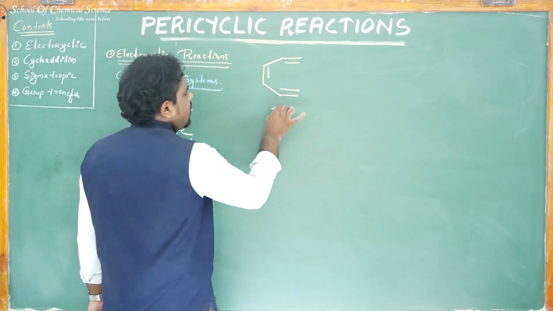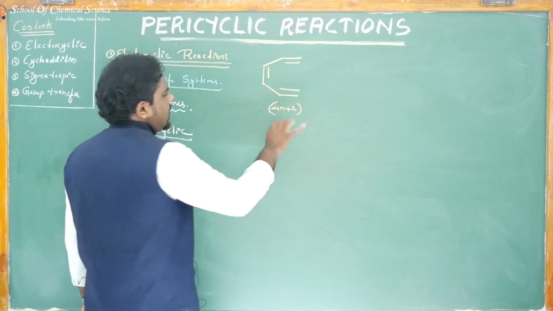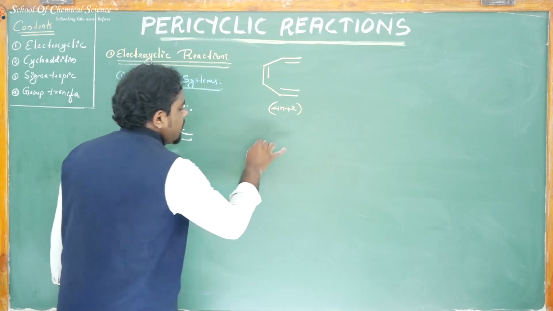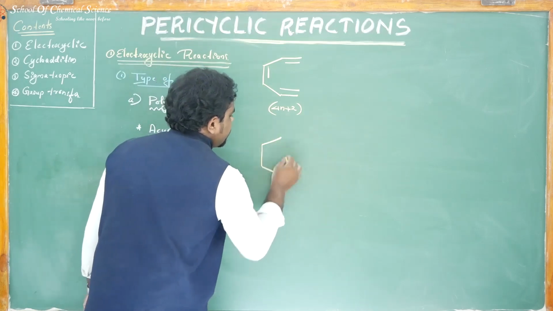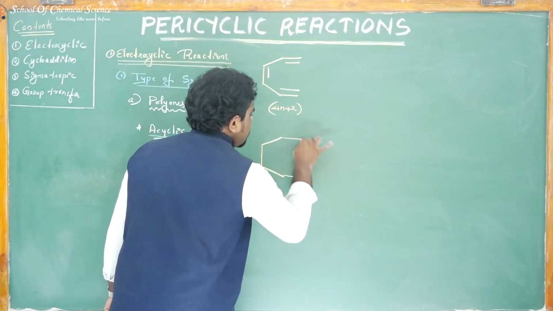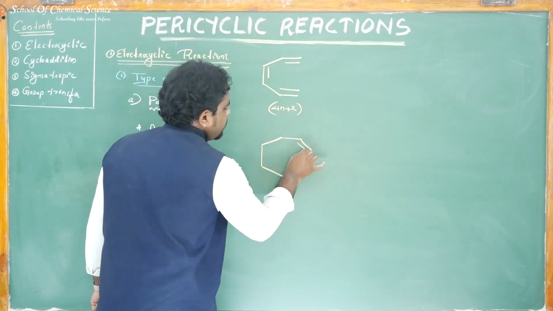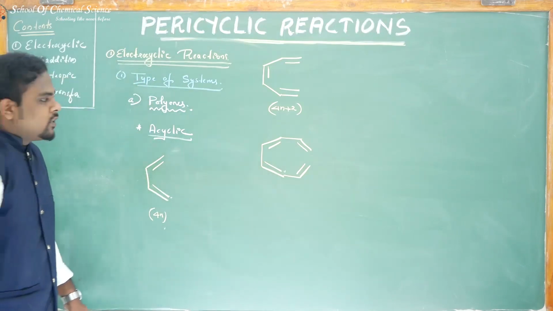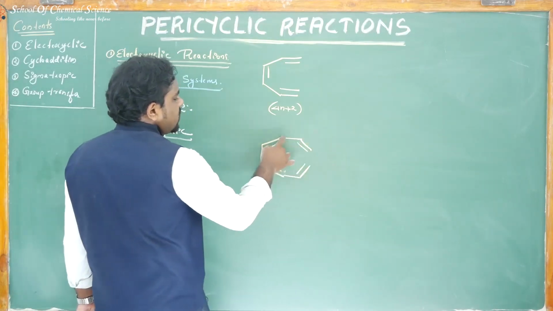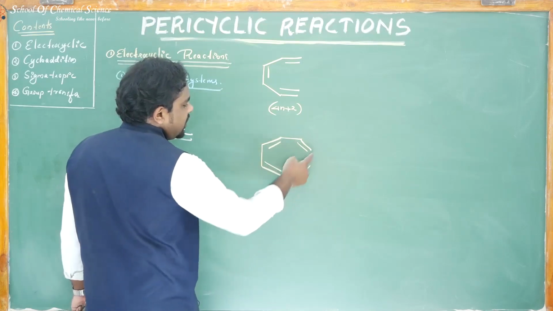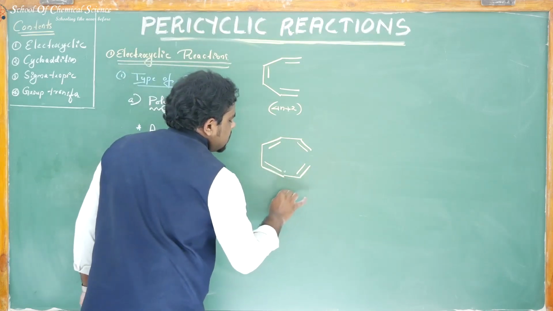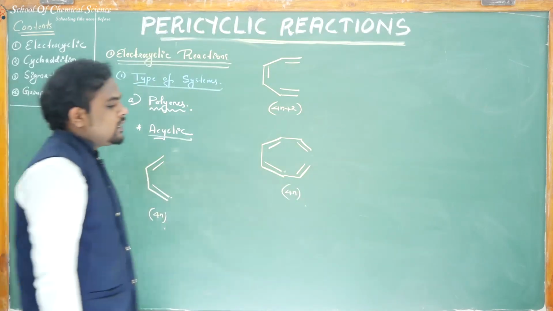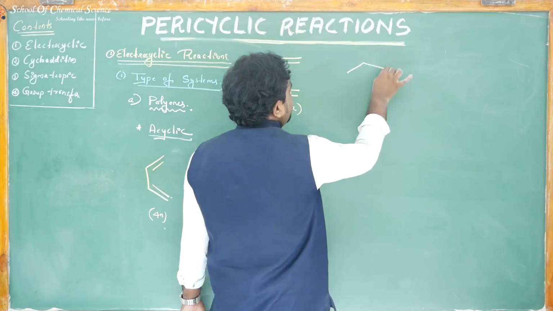This is a 4n plus 2 system. How many pi electrons are there? How many carbon? 1, 2, 3, 4, 5, 6, 7, 8 carbon. Then 4 pi electron. This is also a 4n system. An example for a 4n system. Another example.